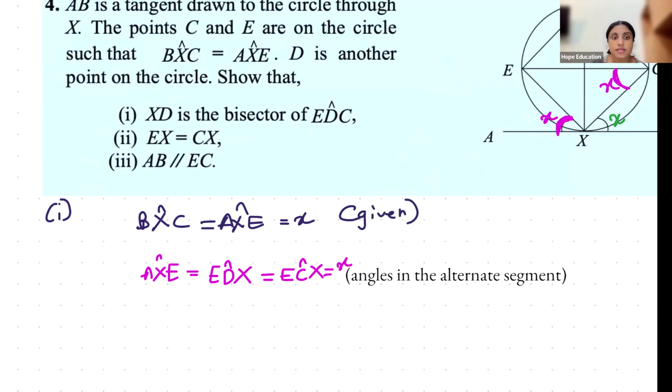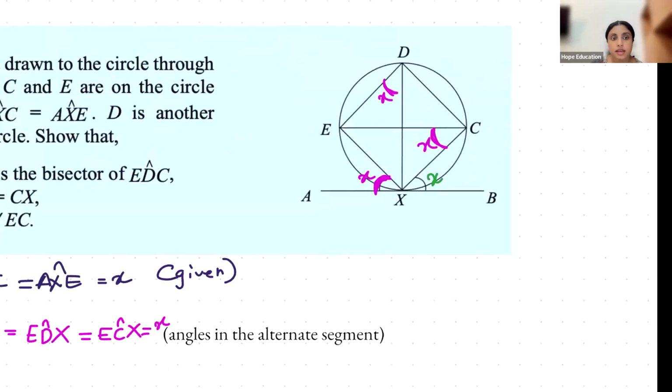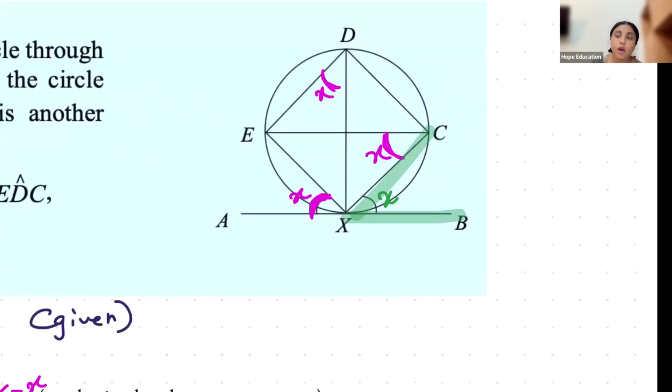Now coming to this here. This is the chord and this is the tangent. This is an angle subtended by these chords in the alternate segment. This is another angle.